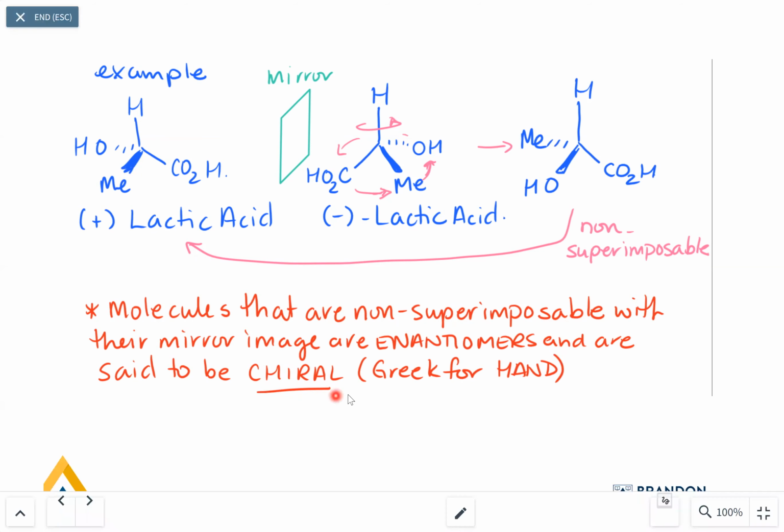So those would be achiral molecules. One of the things we're going to learn how to do is to determine if a molecule is chiral or not. As I said before, the most common source of chirality in organic chemistry is a carbon with four different substituents.